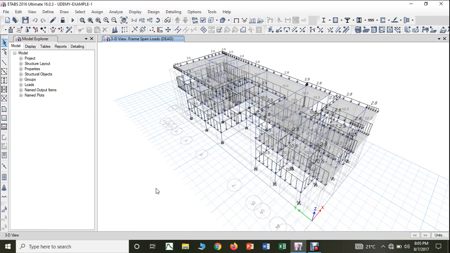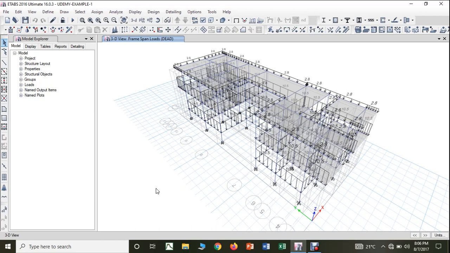Then industrial buildings are different. So if you go to 875 part 2, you will get a lot of information that gives you the live load that you are supposed to consider for the design.